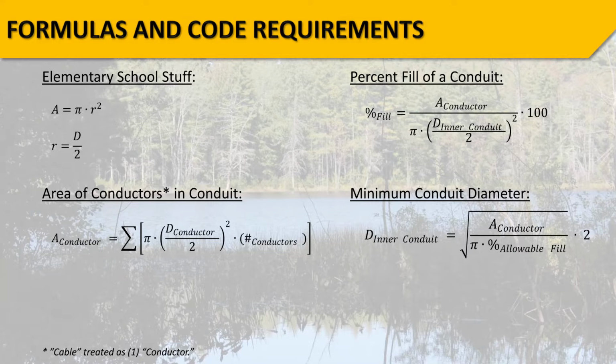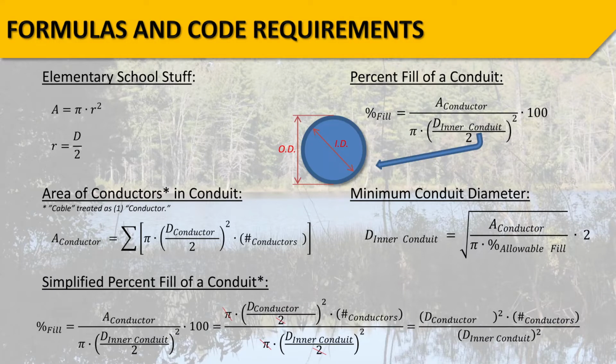Now before we move on to the last formula, I'd like to demonstrate that the percent fill of a conduit formula can be simplified up front. So if you look all the way at the bottom, I show how to simplify the percent fill formula.